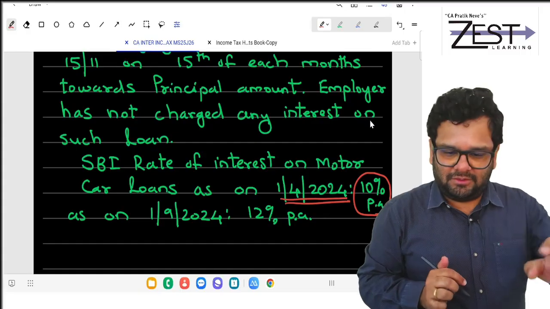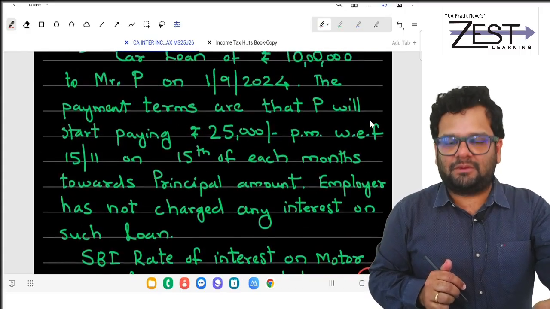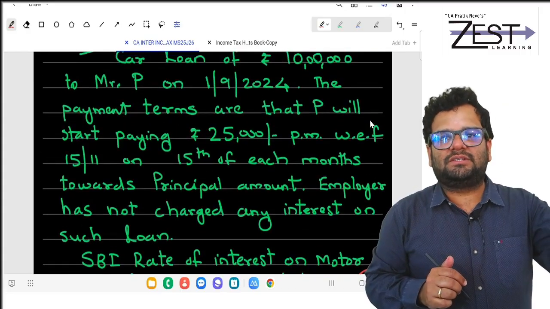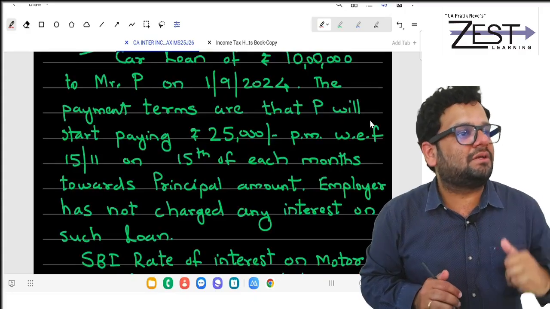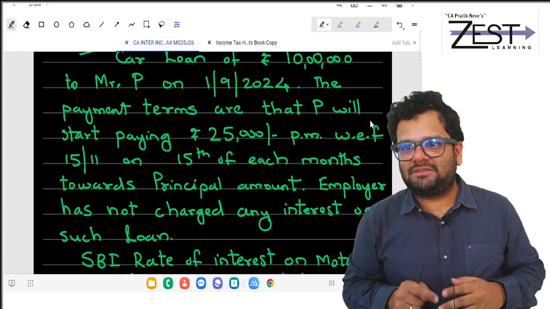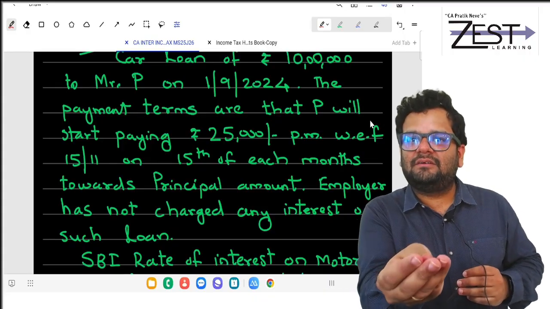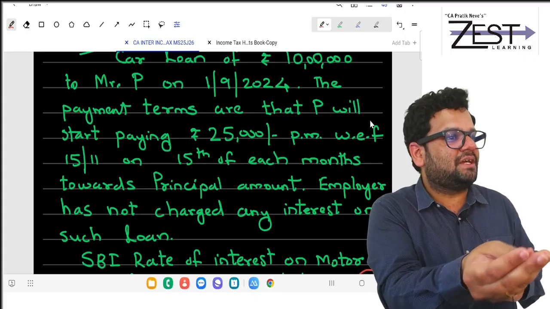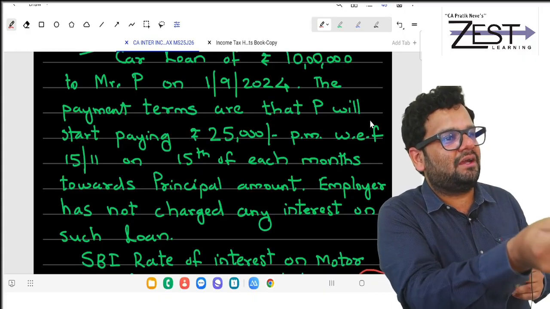You took the loan on 1st September, so September, October, November, December, Jan, Feb, March: 7 months. So you would have done 10 lakh into 10% per annum into 7 by 12.